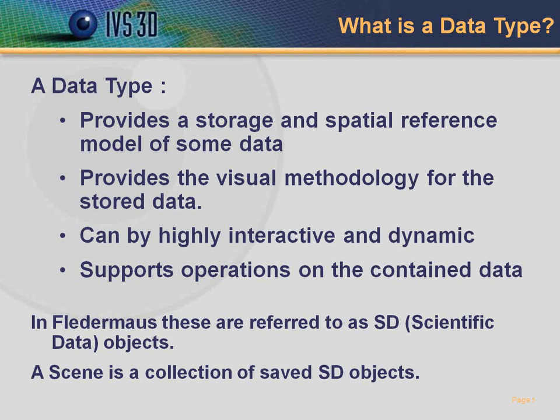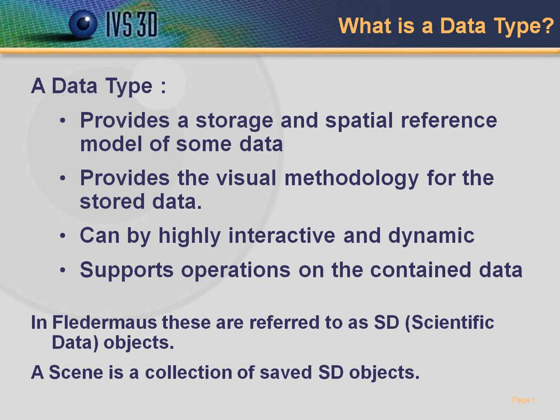Some of the data types are very static. You collected a series of data and you want to just look at it. There's not much change in the data. There's not much interactivity with the object information itself. It's more of just a viewing metaphor. Some of the other, more complex types are themselves highly interactive.